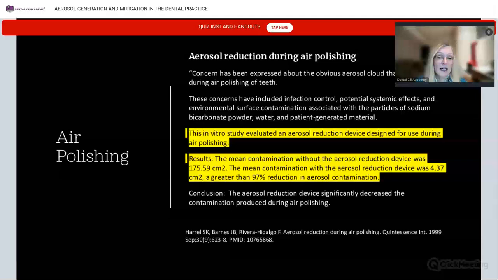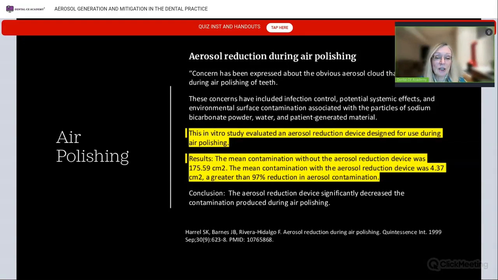All right. Aerosol reduction during air polishing. The concern here has been expressed about the obvious aerosol cloud that is generated during air polishing. If you are using air polishing right now or guided biofilm mitigation, which has been around a long time, sodium bicarbonate air polishing, which I happen to love, has been around a long time.